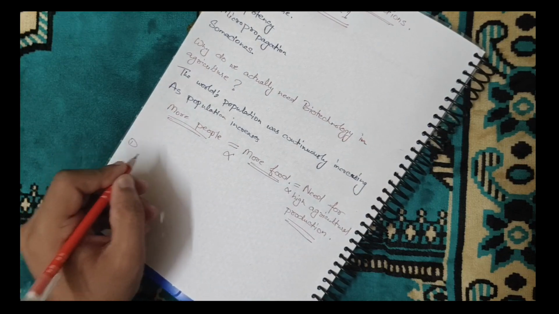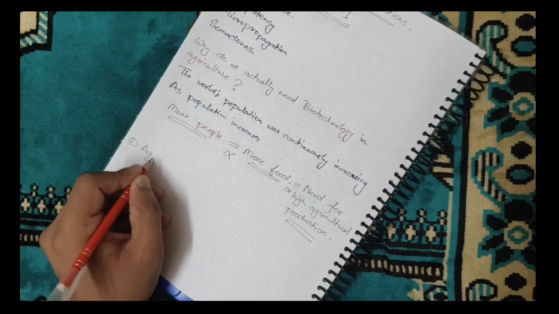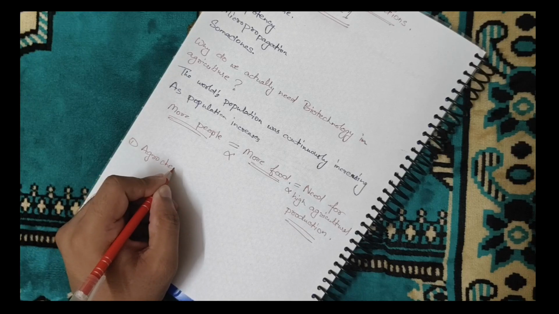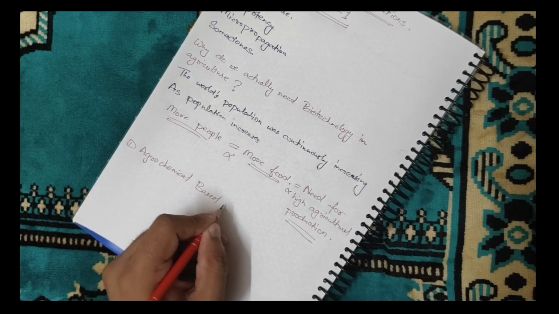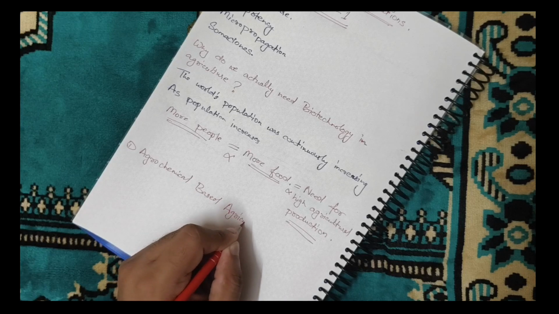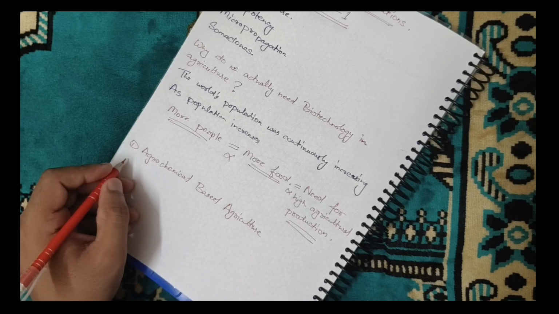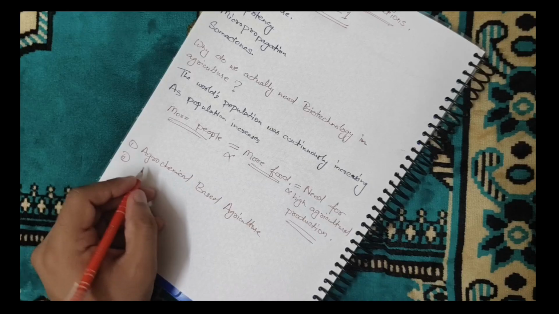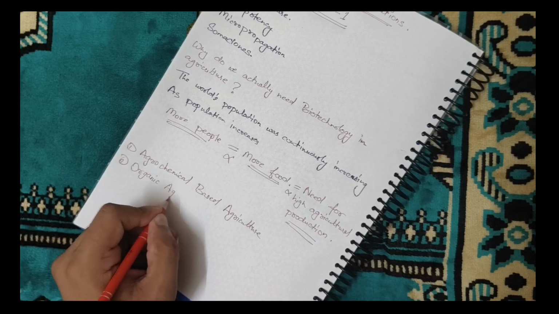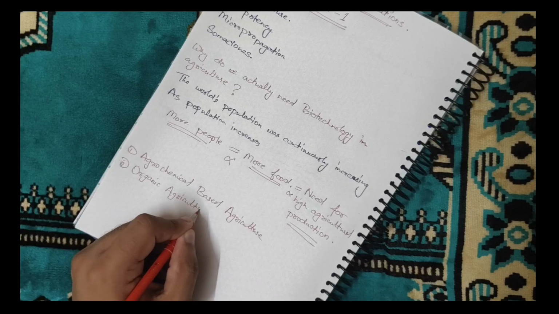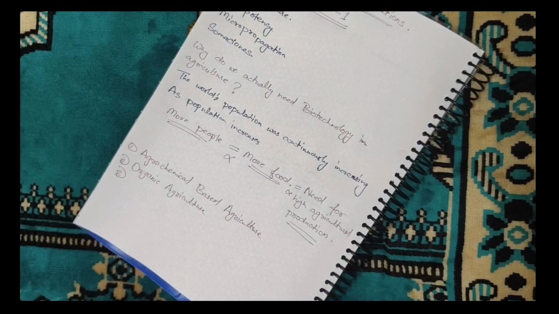The first one is agrochemical based agriculture. Second one is organic agriculture.